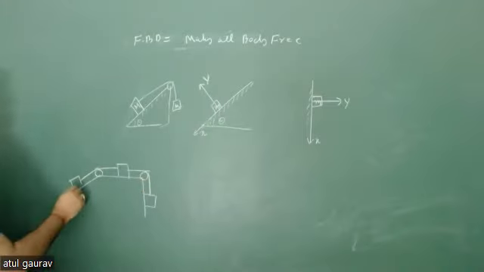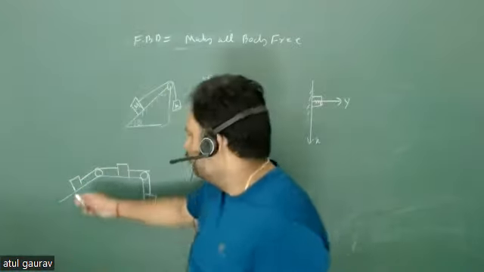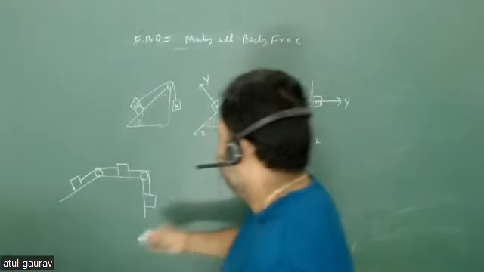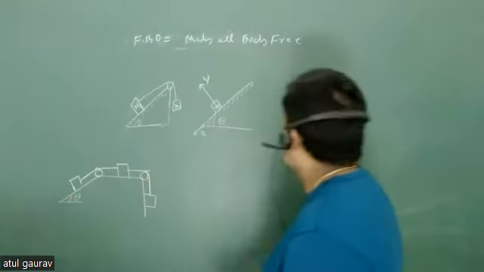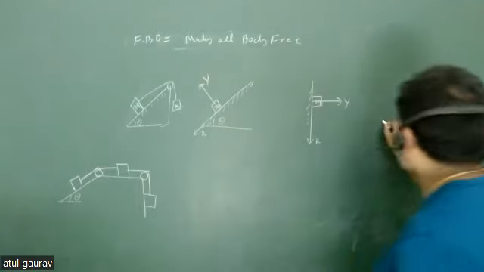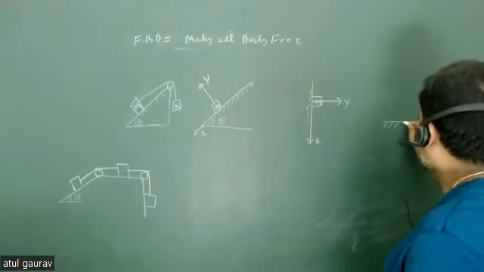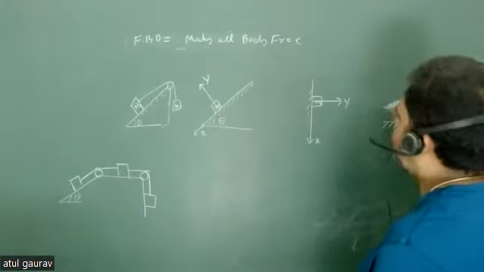Suppose this type of condition is there. Suppose this is making angle theta. This is third one. And what about this one? इसके लिए x-axis क्या हो जाएगा? You can just make this thing as your x-axis. This is your x-axis, and this will be your y-axis.